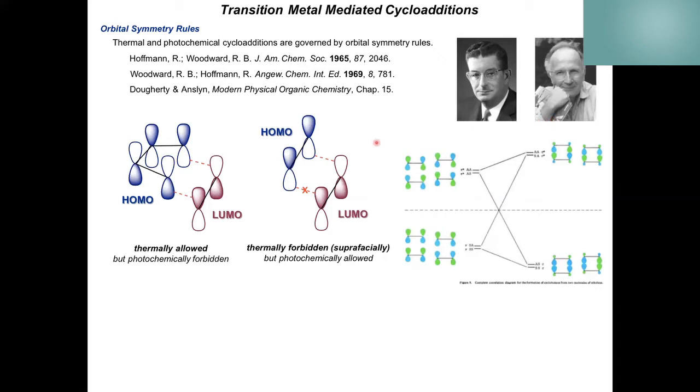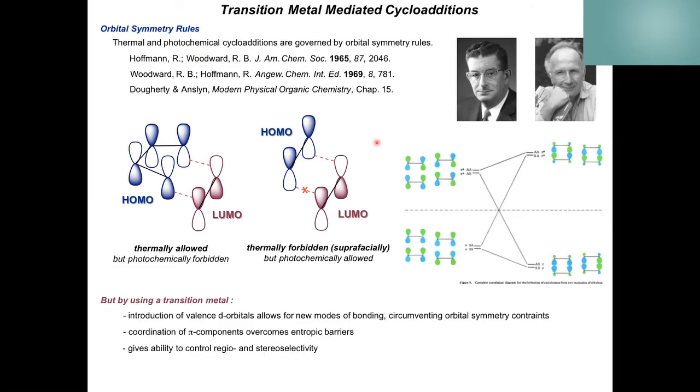One of the reasons I really love the bridging of this fundamental physical organic viewpoint with organometallic chemistry is that when you bring in transition metals with all their glorious d electrons, they bust up these rules in a really significant way. This fundamentally changes what we can consider allowable, either photochemically or thermally, because we're engaging d orbitals that allow different coordination modes.